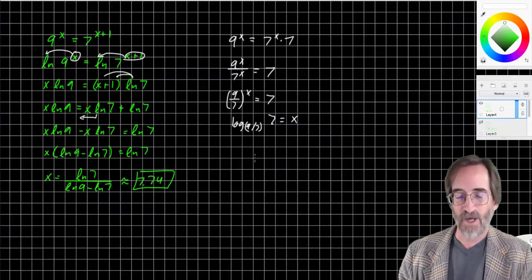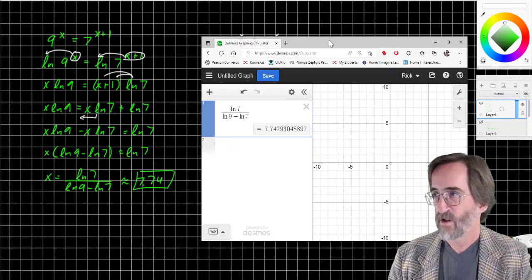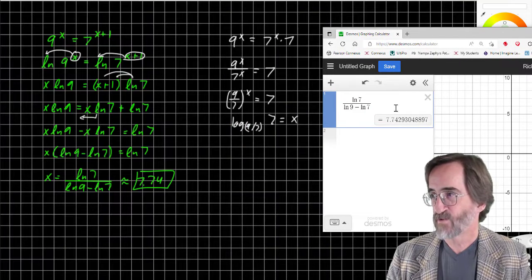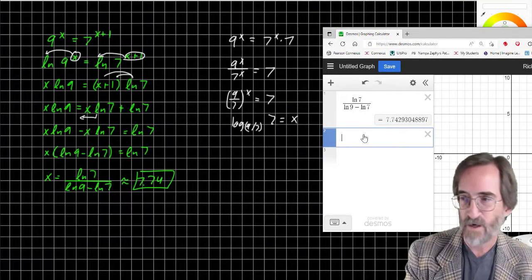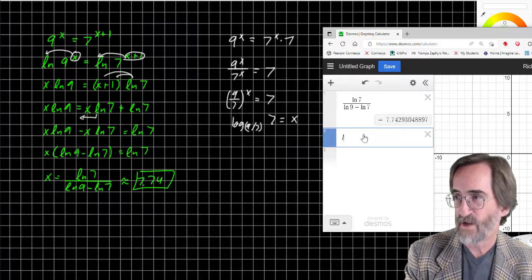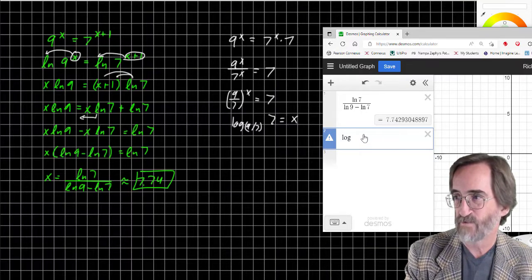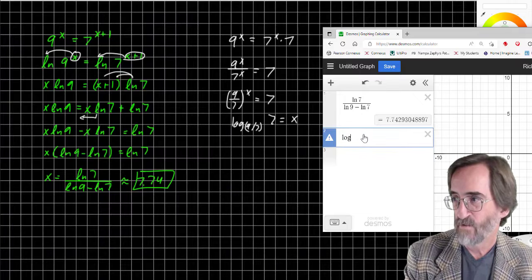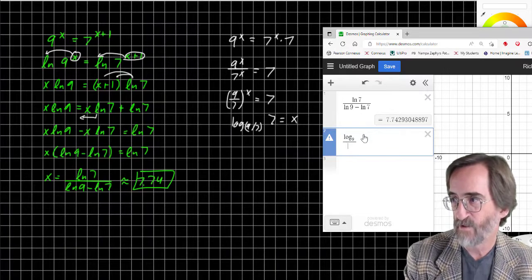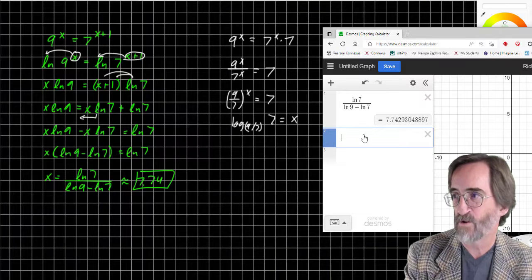And just to check here, let's see if this works. So the log base 9/7, I'm going to use Desmos' capability to do base 9/7. Nope, it'll only do a whole number.